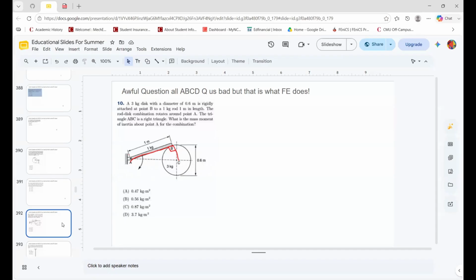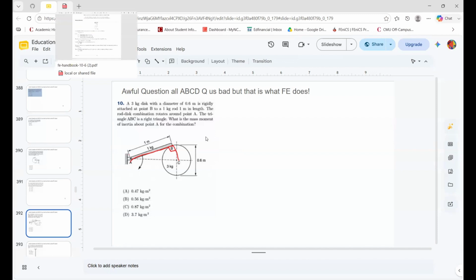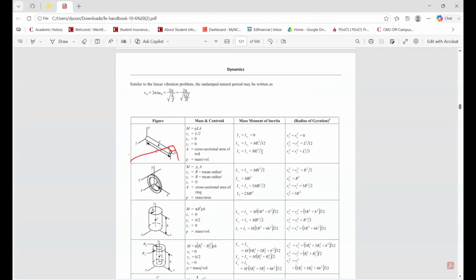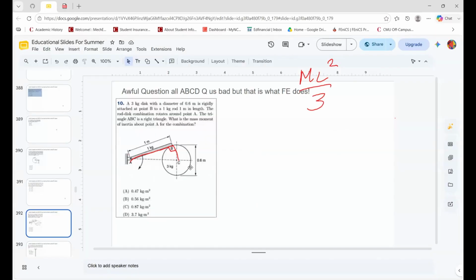So we could just get the moment of inertia and do this, right? There's nothing special about it. The rod is pivoting about its edge, so it's going to be m l squared divided by 3. And the cylinder is probably the same, 1/2 m r squared. We're going to actually need to know the displacement because we're going to use the parallel axis theorem on the disk.